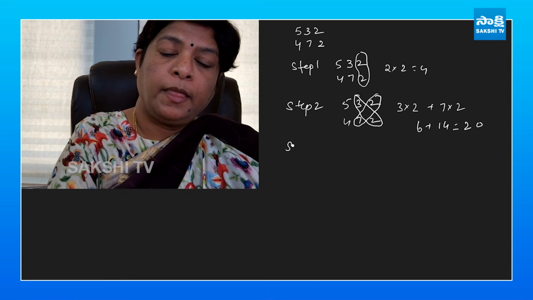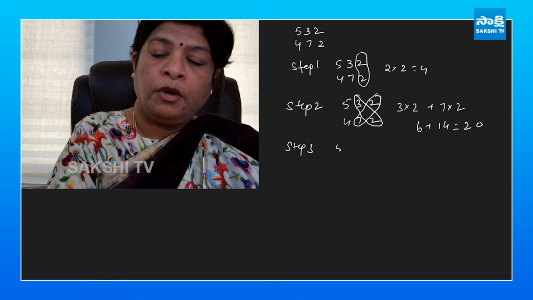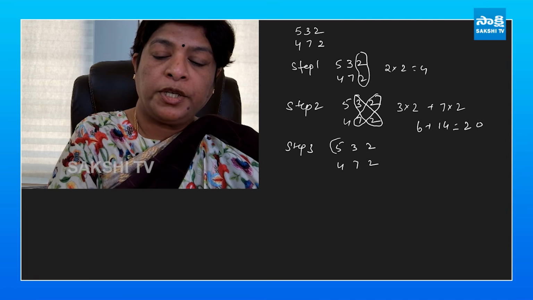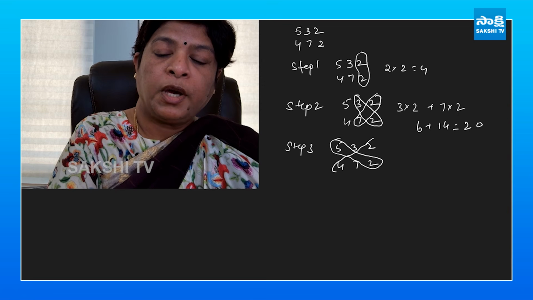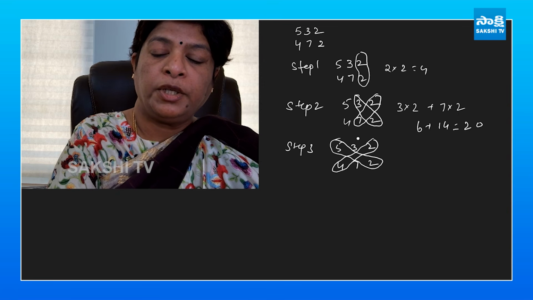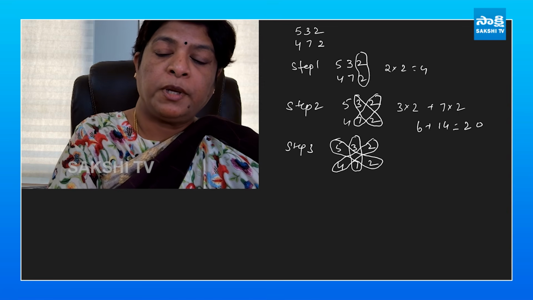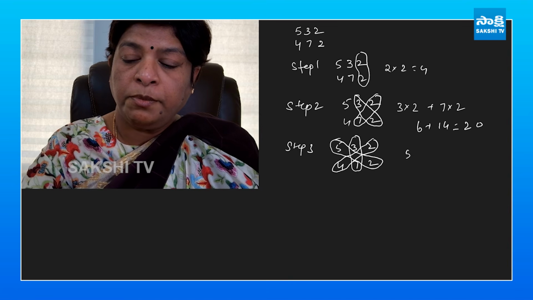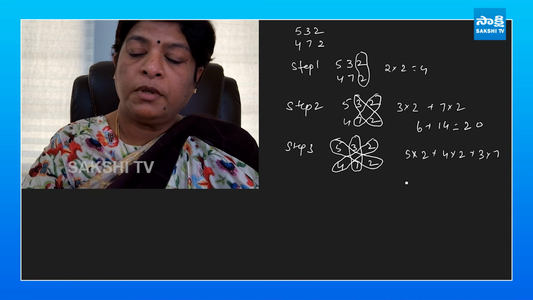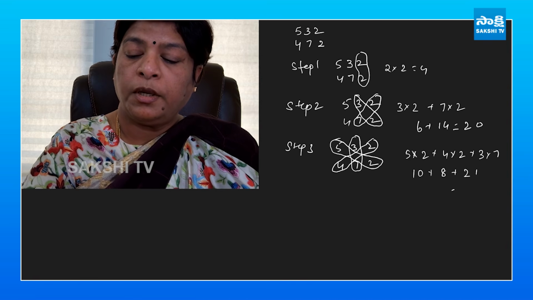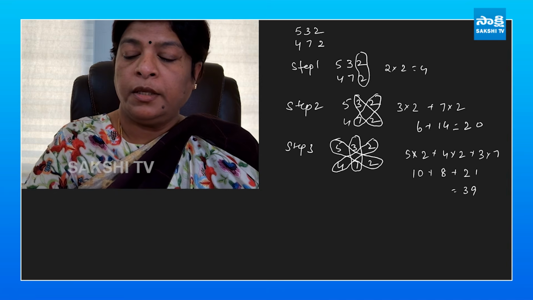Step 3: 532, 472. So the hundreds place with the ones place, cross multiplication of the hundreds place again with the other combination, and the tens place with the tens place. So 5 times 2 plus 4 times 2 plus 3 times 7. So 10 plus 8 plus 21. So 39.